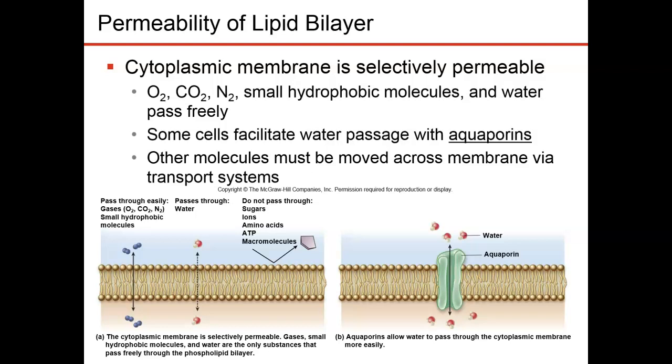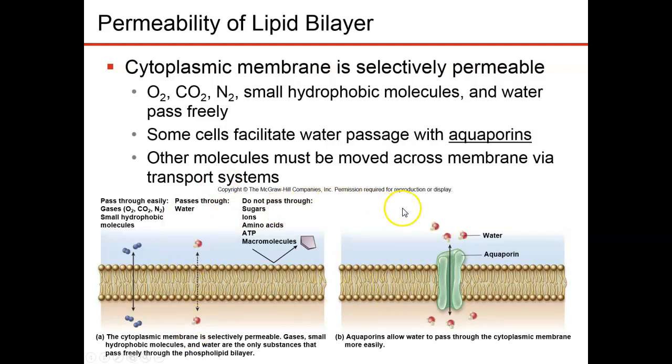So here you can see simple diffusion. Diffusion is movement of molecules from one side of the membrane to the other. Molecules move back and forth via simple diffusion from higher to lower concentrations. Water is a special type of molecule. It is a hydrophilic molecule, but it can still move through the plasma membrane.